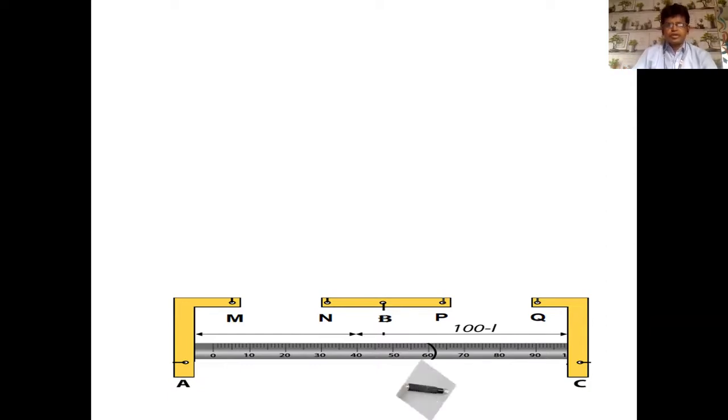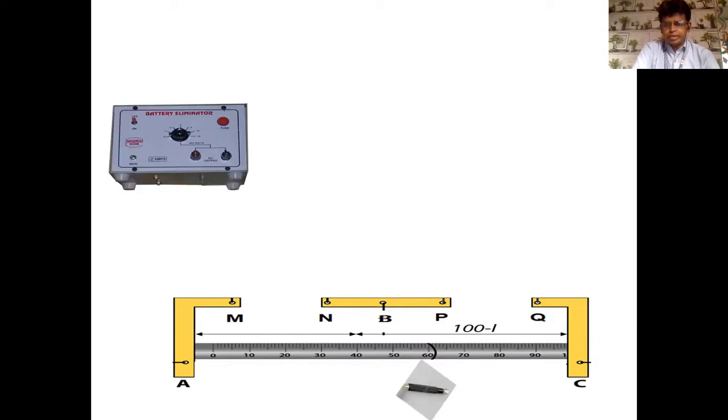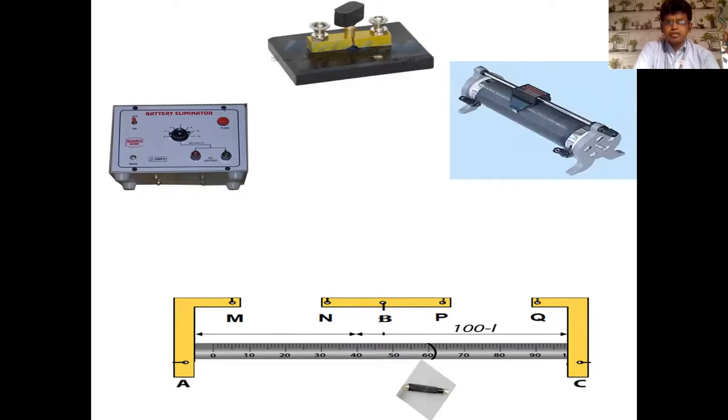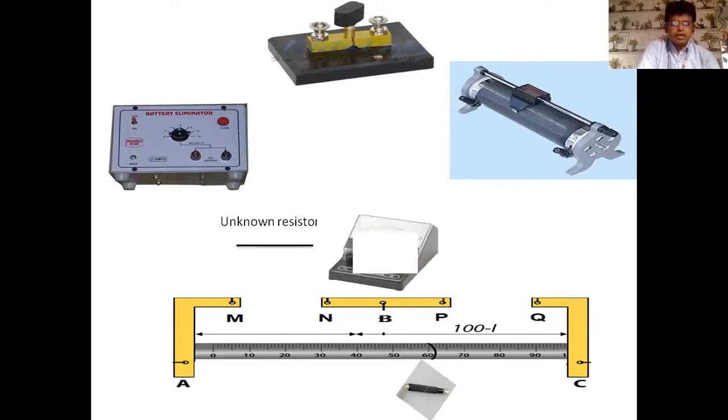Now the jockey key. This jockey key is made of metal. With the help of the jockey key, we find the null point on the galvanometer. Now this is the battery. This looks like a rheostat, a simple key, one unknown wire, and the galvanometer.